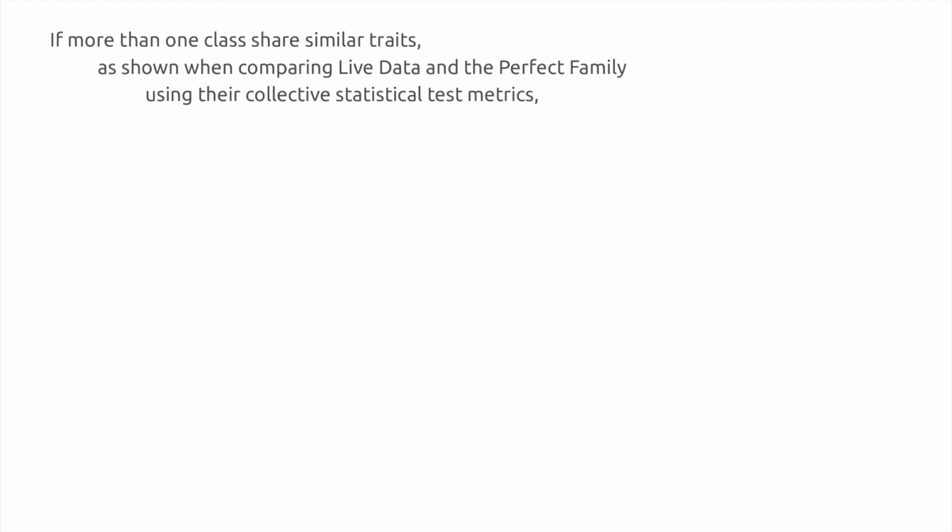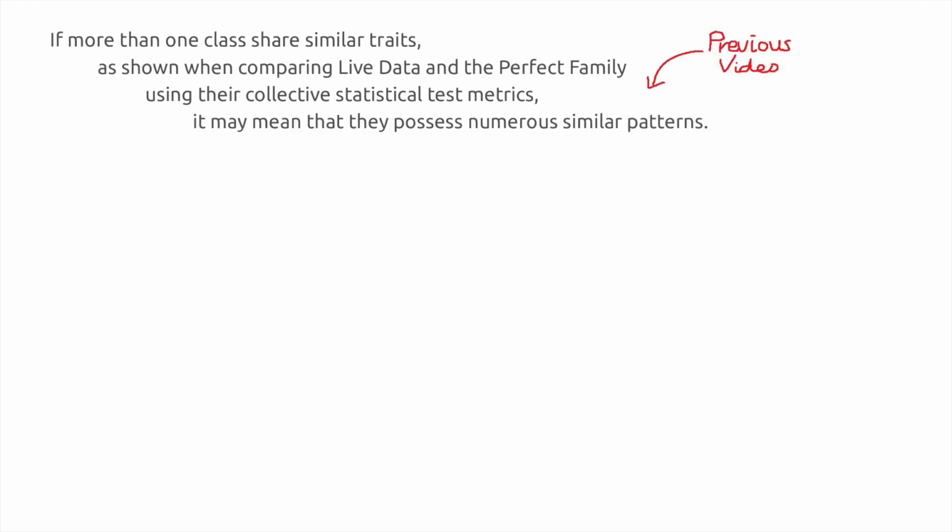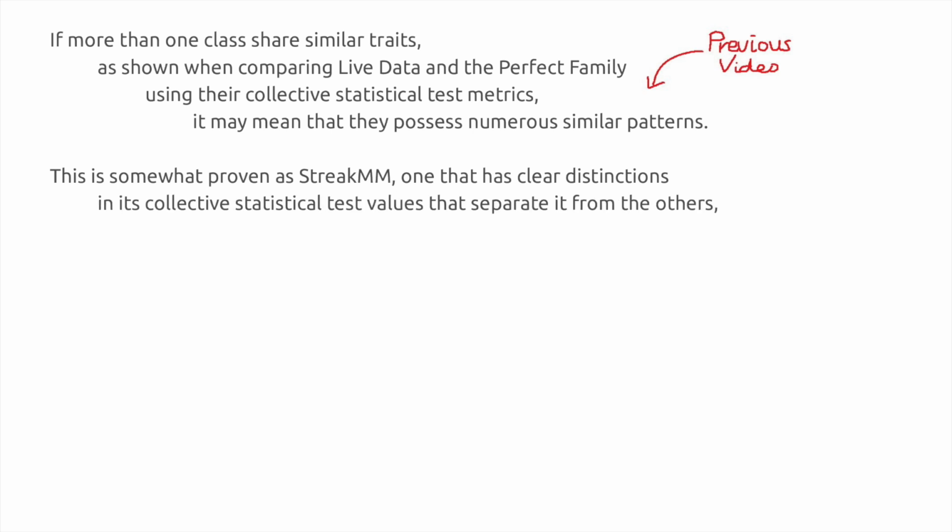If more than one class shares similar traits, as shown when comparing live data and the perfect family using their collective statistical test metrics, it may mean that they possess numerous similar patterns. This is somewhat proven as Streak M, one that has clear distinctions in its collective statistical test values that separate it from the others, is almost always classifiable by almost every neural network model.